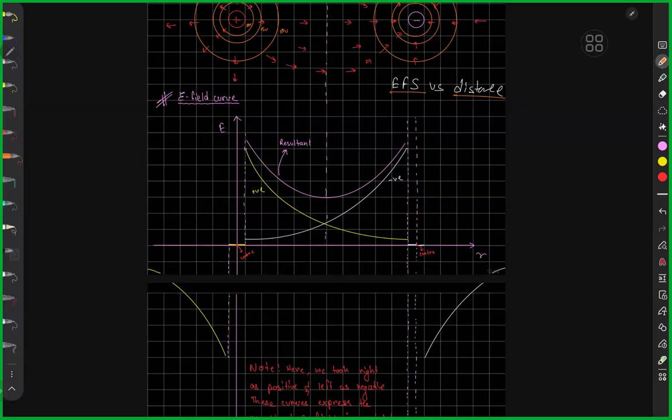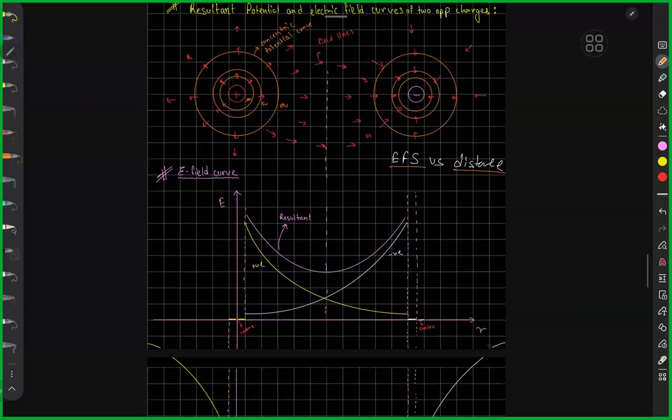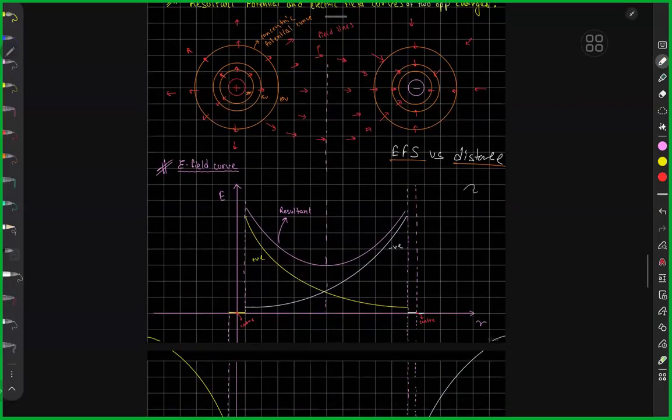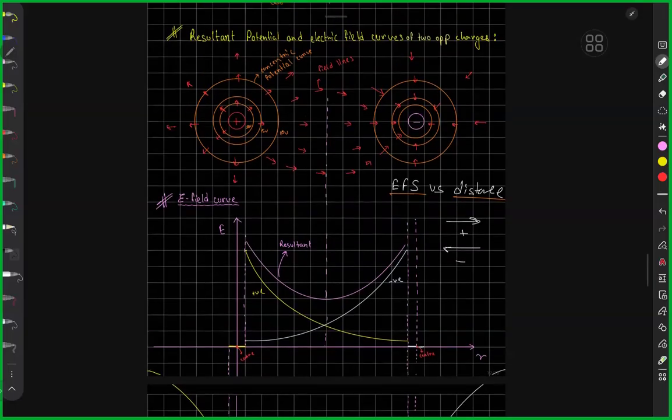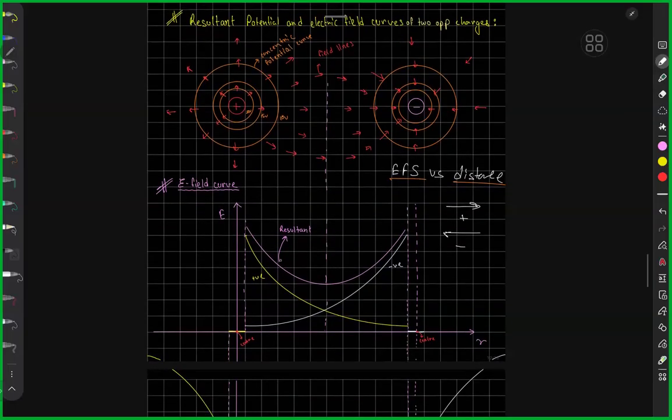Okay. Now, let me also establish this. Rightward will be positive, leftward will be negative. This is the direction key. Keep this in mind. Now moving forward, I want to come to this resultant curve. What does this resultant curve represent? If I have a positive test charge, what force will it feel?